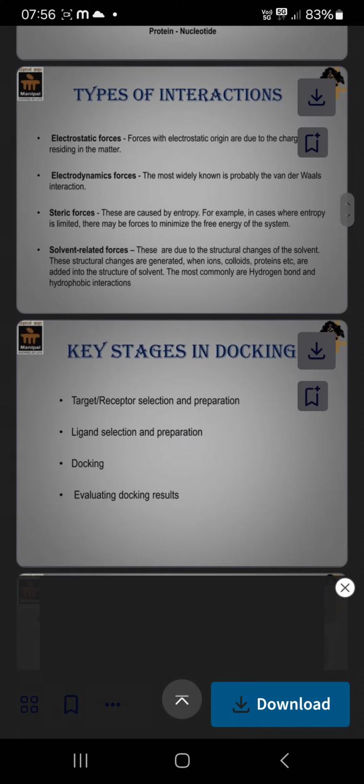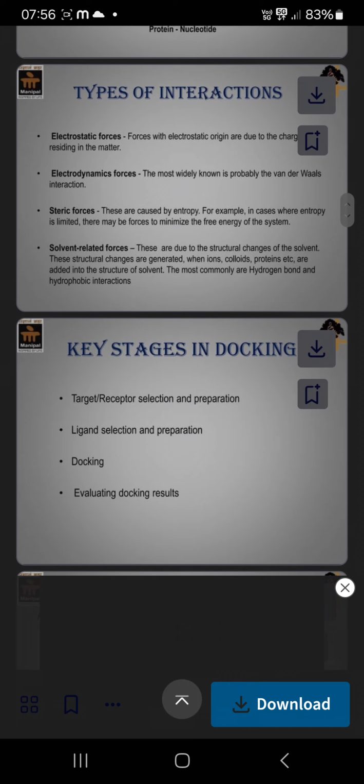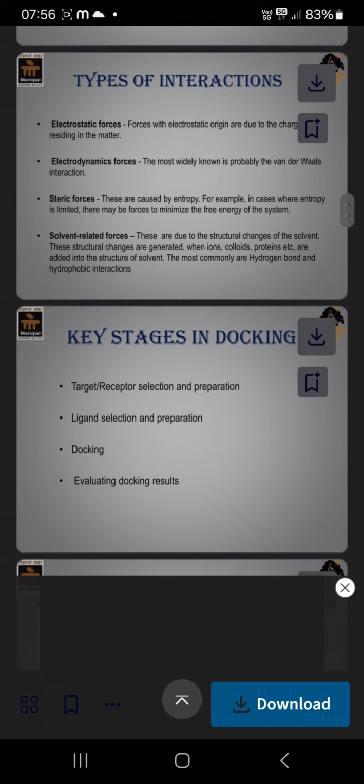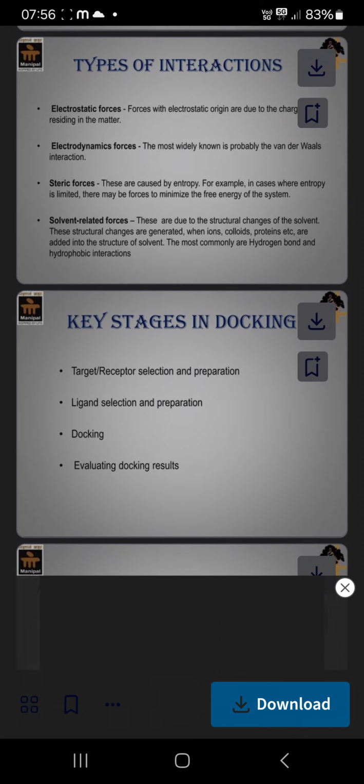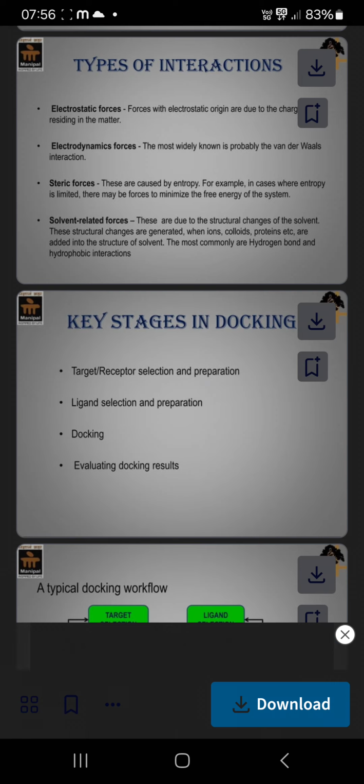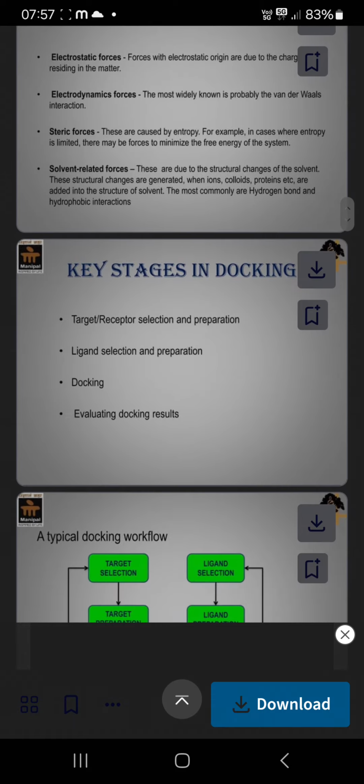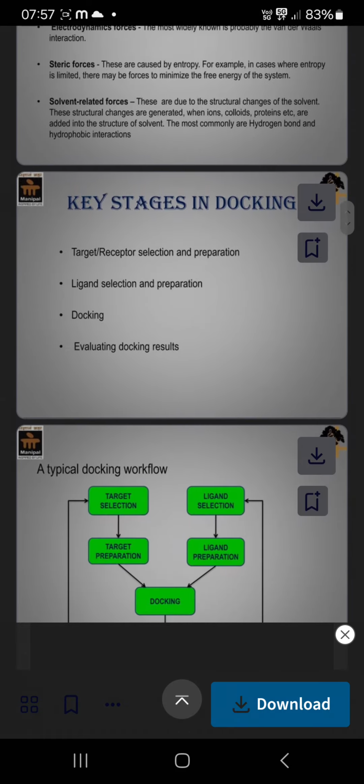Friends, key stages in docking. Keep in your mind, key is your ligand. So what are the key stages in docking? Target receptor selection and preparation. You cannot open all your locks with one key, but nowadays this kind of system is also being developed by engineers. Then ligand selection and preparation, docking, and evaluating docking results.